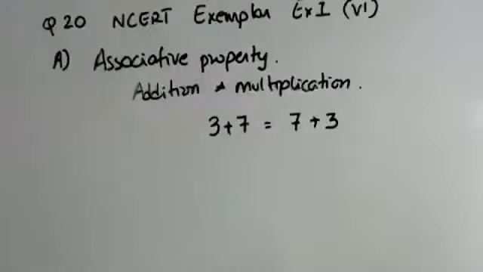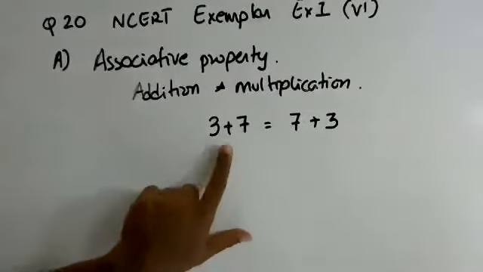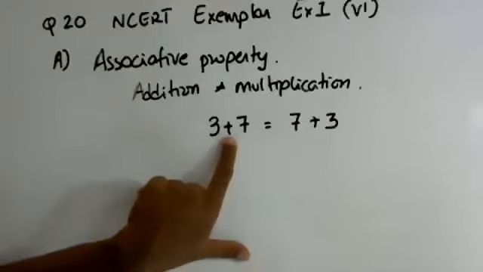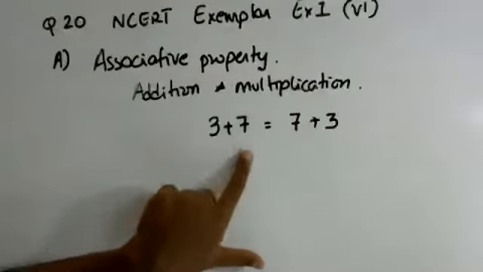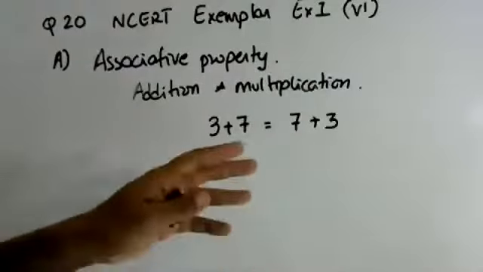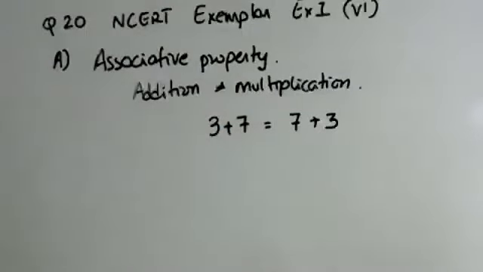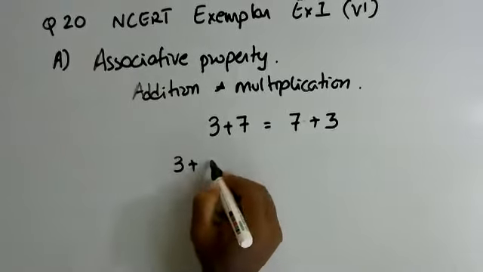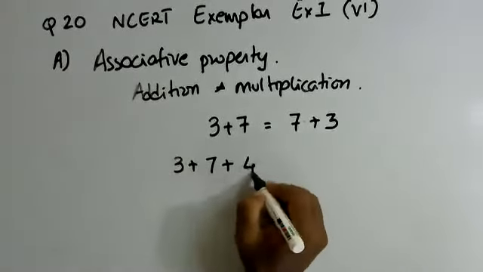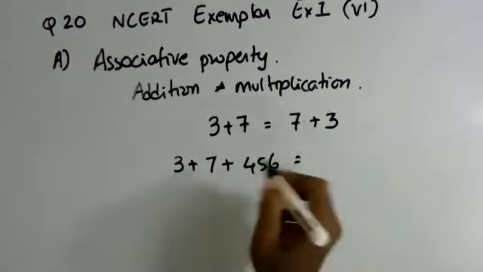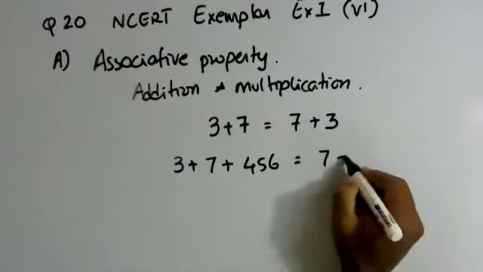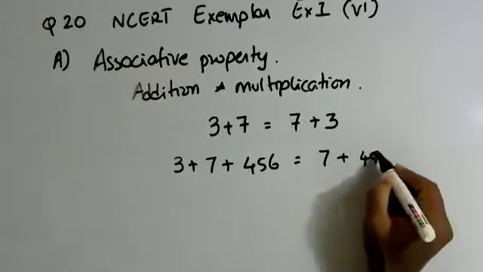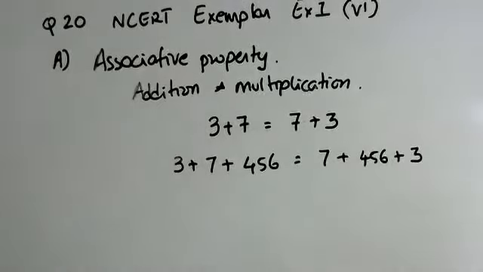So that is one example of an associative property, in which if you do a mathematical operation between two or more numbers, in this case only two, but it could be any number of numbers, right? You could have, for example, 3 plus 7 plus 456, and you could add this in any way. You could start with 7, add 456 to this, and then add 3.